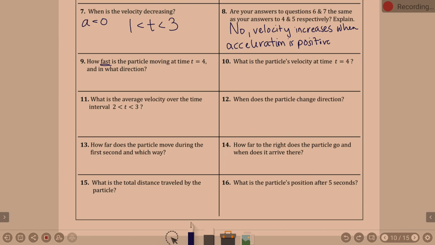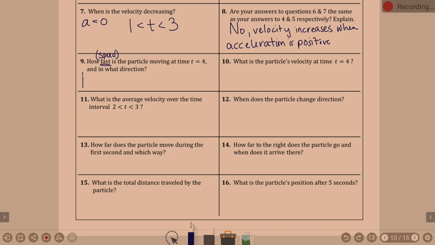Okay, so when they say how fast is the particle going, we're talking about speed. Now, one of the points yesterday was at the bottom of a page because it was off my page and I couldn't circle it. I told you guys to circle it. It's at the bottom of page 143. Speed is what? Absolute value of velocity.